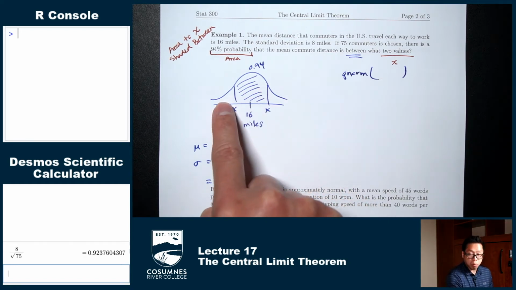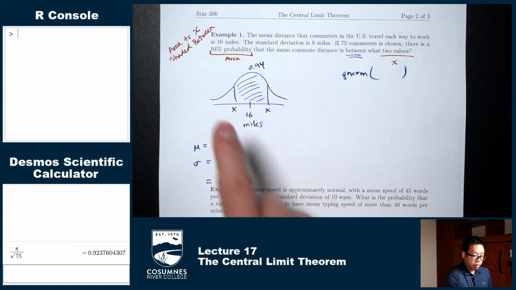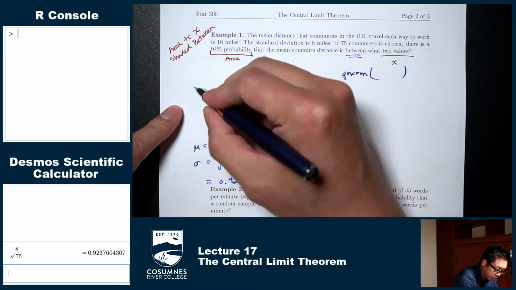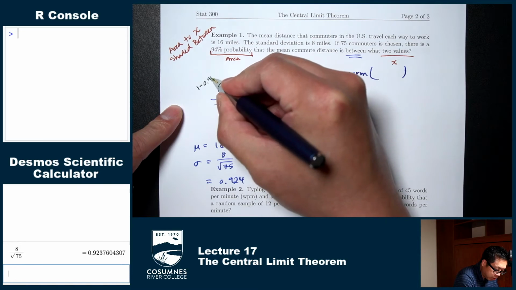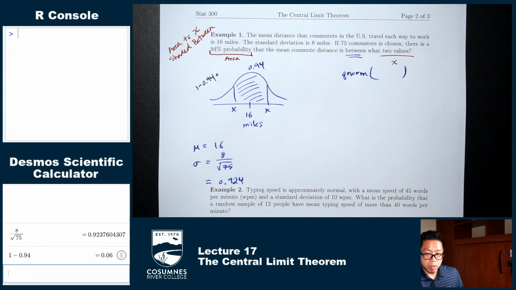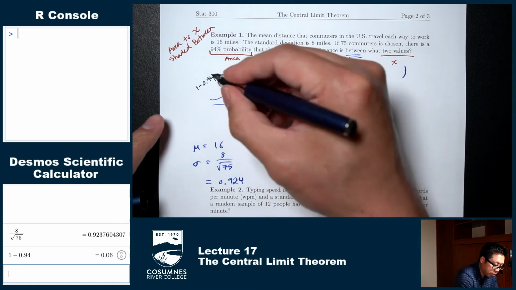I need this white part in this picture, the left white part. So the way you do it is you're going to do 1 minus 0.94, which is 0.06.